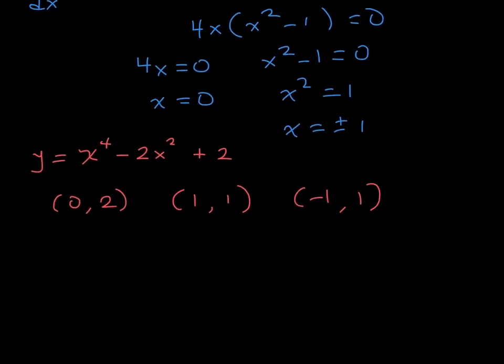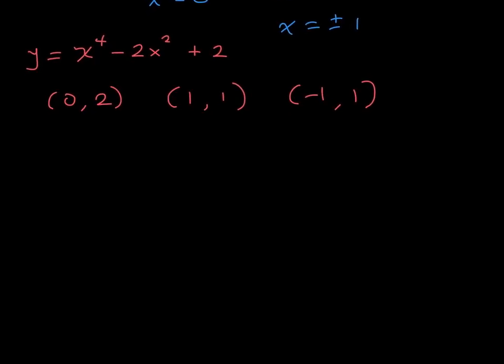I'm going to move our board up a little bit. Remember that this is just a polynomial function. I hope you remember how to graph a polynomial function. Because the leading power is even and the leading coefficient is positive, I know the end behavior is up on both ends. I also know that the y-intercept is 2.